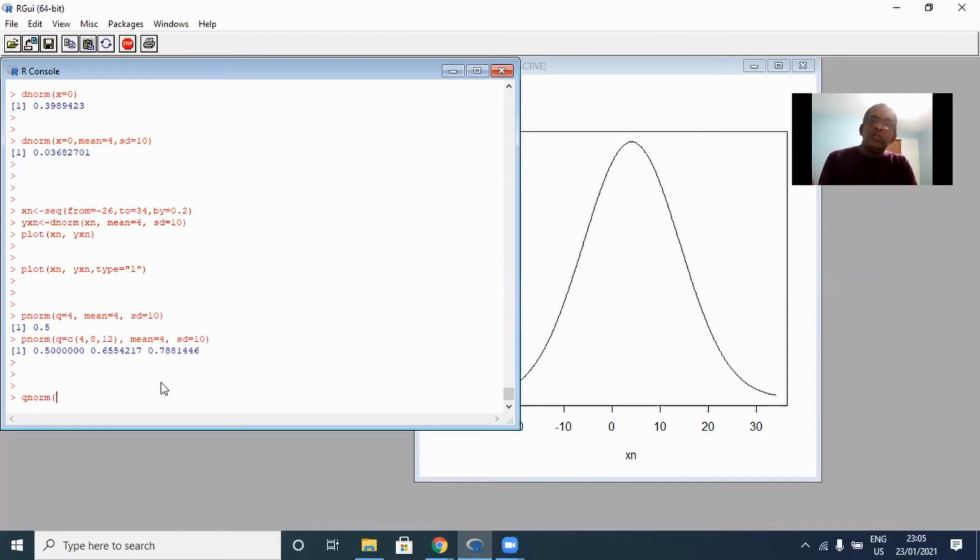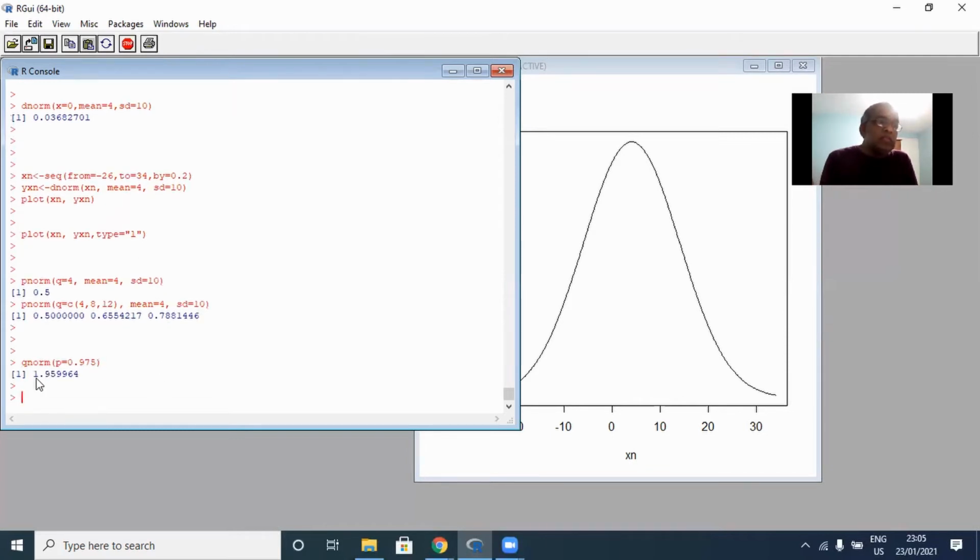The quantile function of a normal variable. For example, suppose you want to find the quantile at probability 0.975, that is this. Here I haven't specified what mean and SD are. If you don't specify mean and SD, they are chosen to be 0 and 1 respectively, so that corresponds to standard normal.